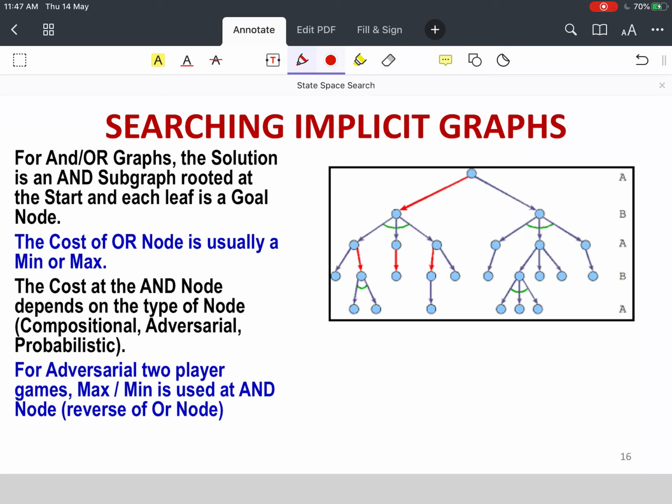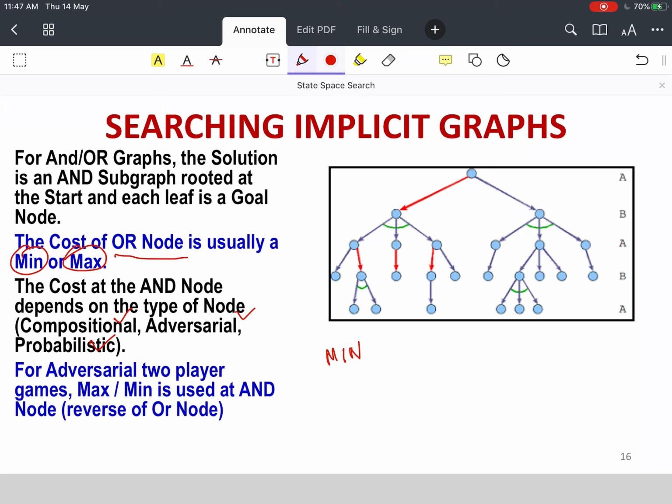And in AND OR graphs, as we have just explained, the cost of an OR node is either min or max, and the cost at an AND node depends on whether it's a compositional, adversarial, or probabilistic. In game trees, where there are two-player games, then for the player for whom we are designing, n is a min, because we try to define leaf node as a win as the best cost, as a loss as the worst cost, and a draw as something in between.